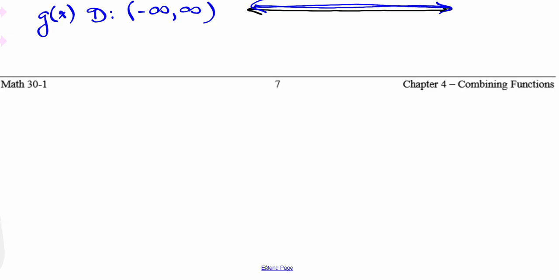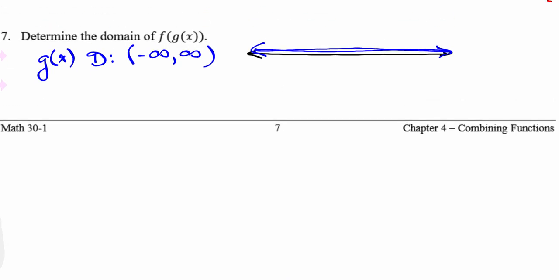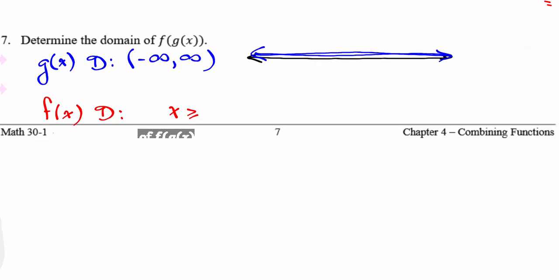Here's the next thing, which is a little bit tricky at times. I'm going to look at my f of x function. My domain for the f of x function was that x had to be greater than or equal to, what was it? -1.